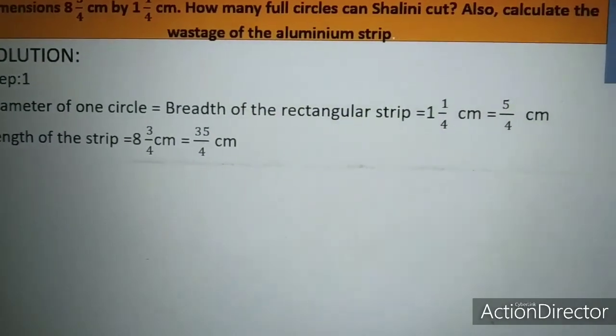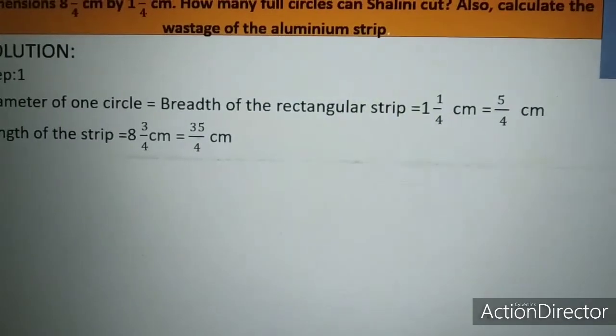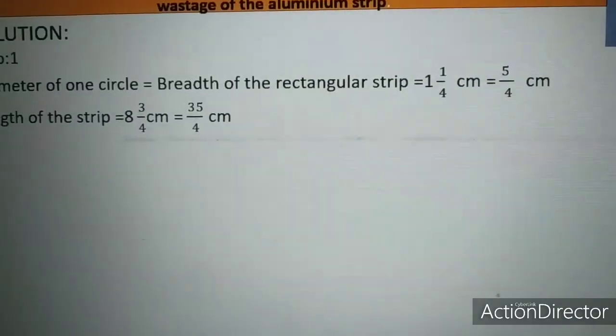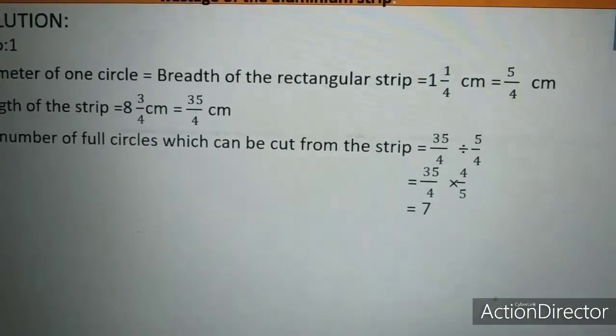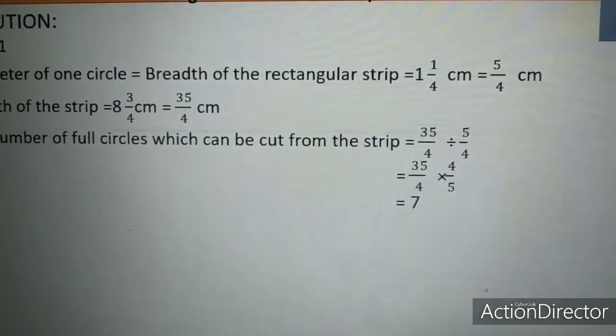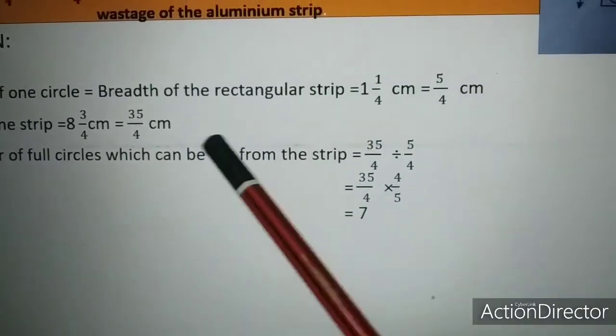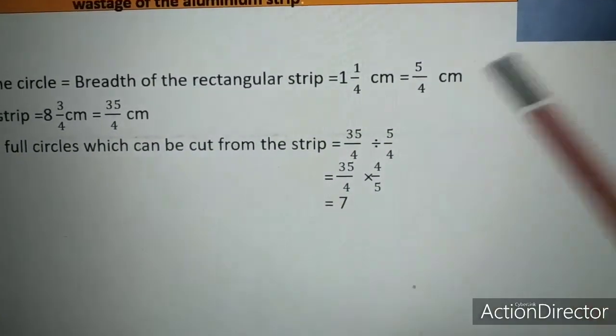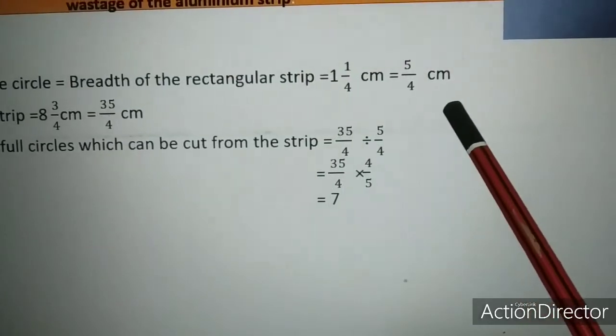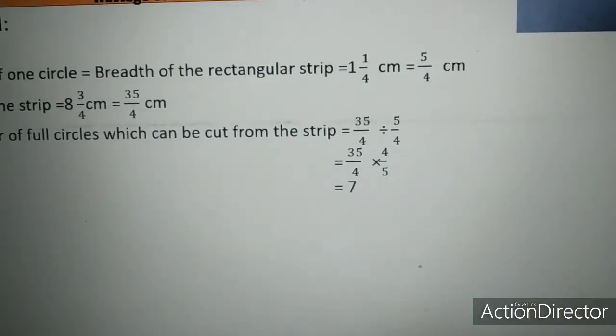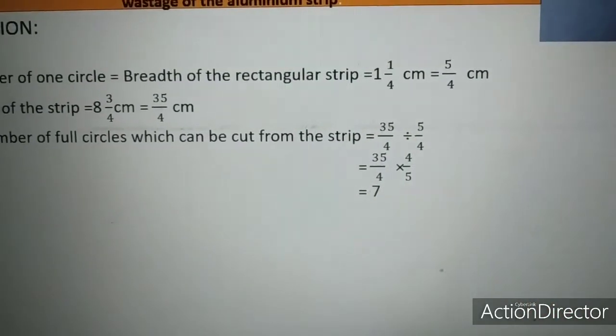Now the length of the strip will be 8 3/4, which is nothing but 35/4 centimeter. So the number of circles that can be cut from this rectangular strip will be this 35/4 divided by this diameter, that is 5/4 centimeter, which will be equal to 7.